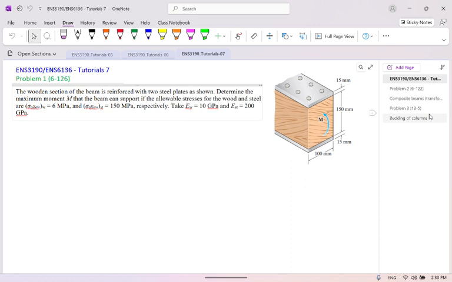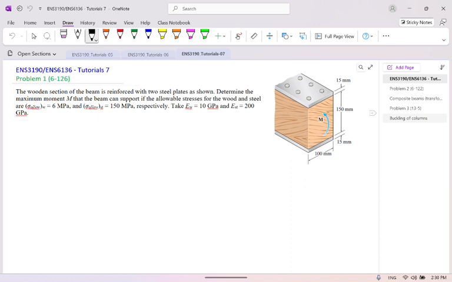Of course, these two parts are very important for exams because they are very common and have been widely used in real industry problems. We'll see the first question is on composite beams. The wooden section of a beam is reinforced with two steel plates, as we show here.